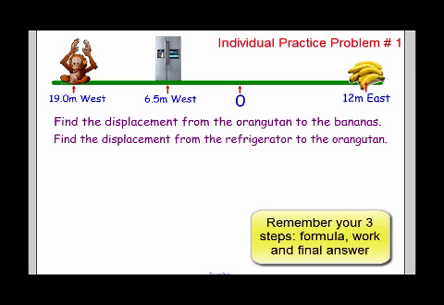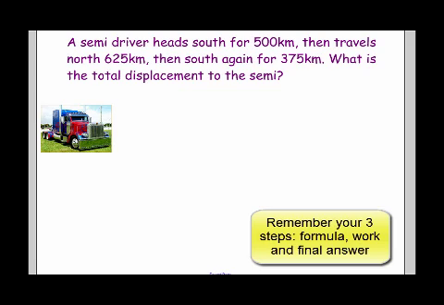So that's your first question. And then I want you to try this one. Again, once this video is on your screen, as I'm talking here, you can be writing that question down and then doing your solution.